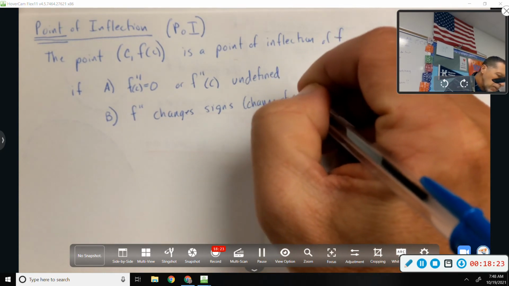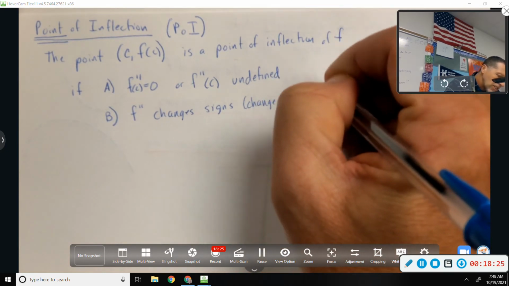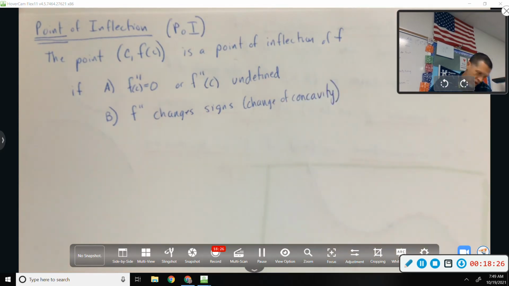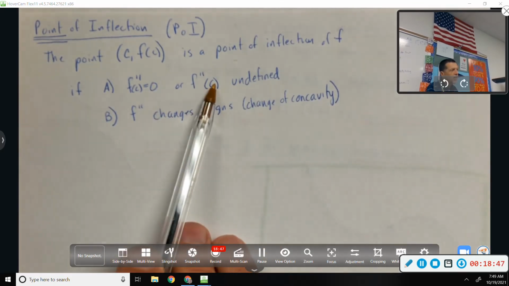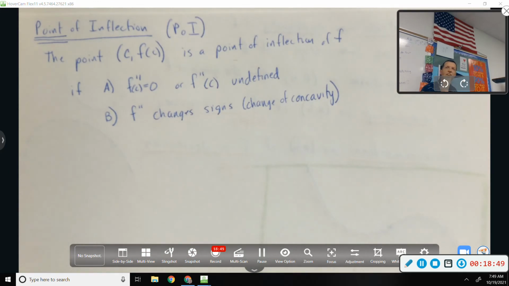If f double prime changes signs, that's a change of concavity. So this is sort of like a max and min in the first derivative world, right? You get a critical point by finding where it's 0 or undefined, and then if it changes one way or the other, you've got a max or a min.